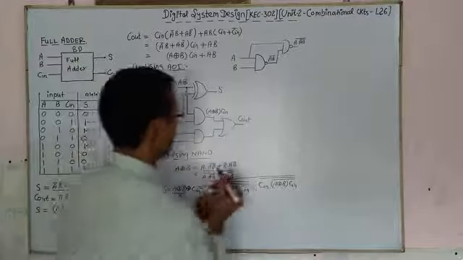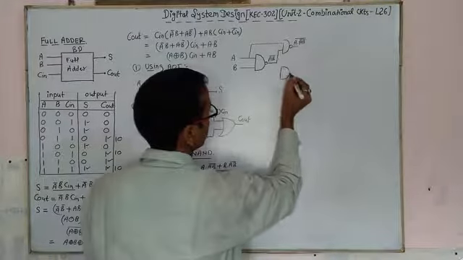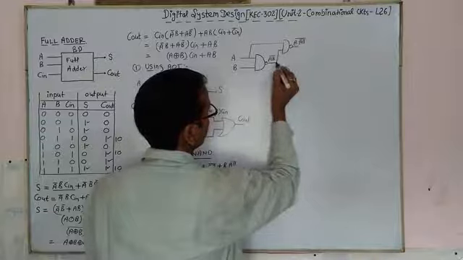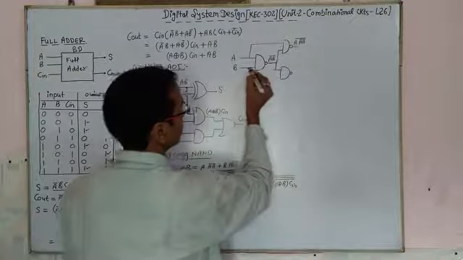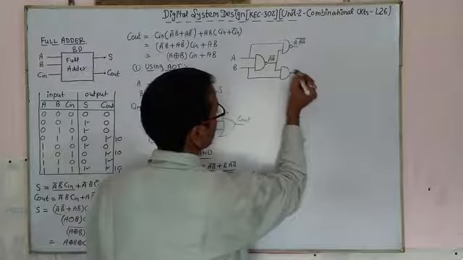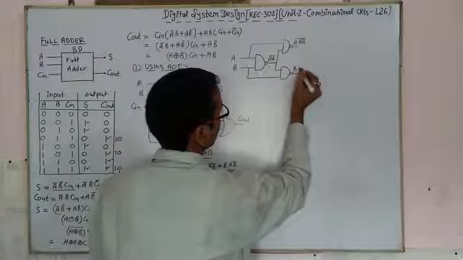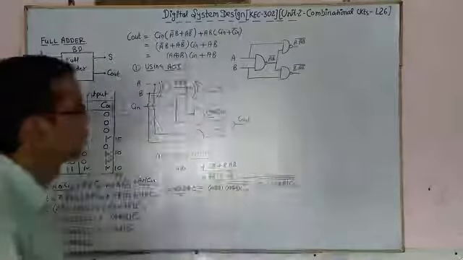Similarly, for the second one we use a second NAND gate. One input is from A B bar and the second input is from B, and the output here is B into A B bar, whole bar.